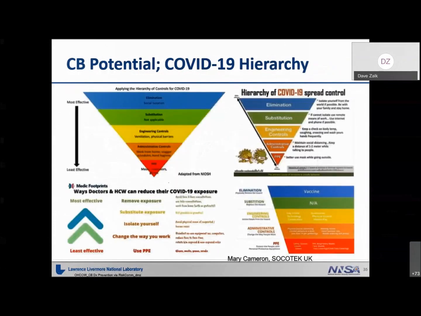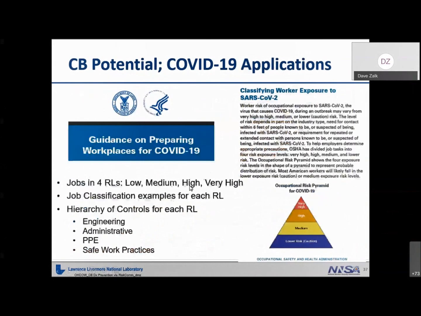So, and this particular one comes from Mary Cameron from the UK, but my mindset is the control banding potential is fantastic when it comes to what needs to be done related to something like COVID-19. However, we have to agree across the professions on what is the appropriate hierarchy. And once we have an aligned hierarchy of controls, then the control banding flow is not a problem.